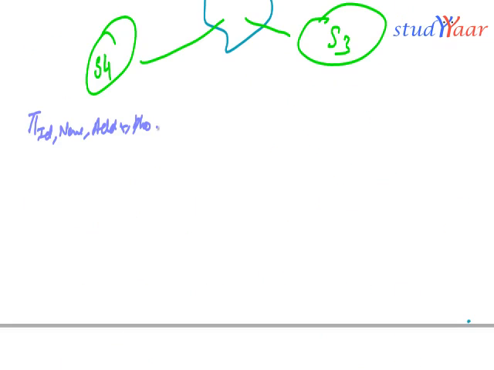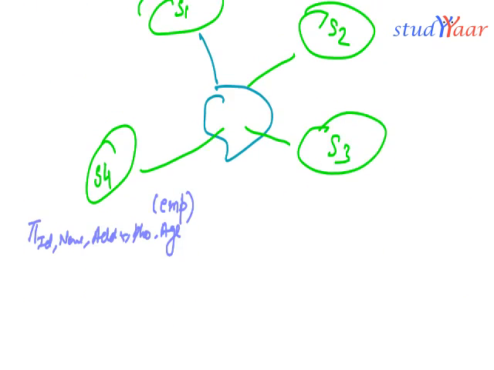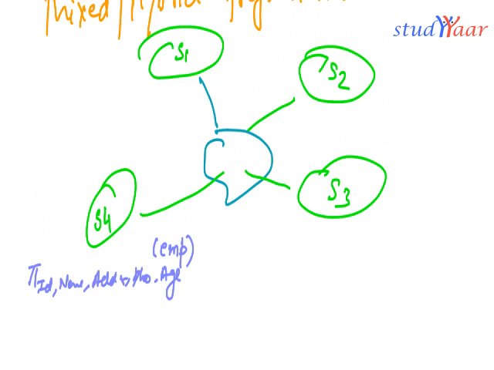Name, phone, address, and age, from employees, and keep this in S4. Okay, so at this moment I have created my vertical fragmentation.